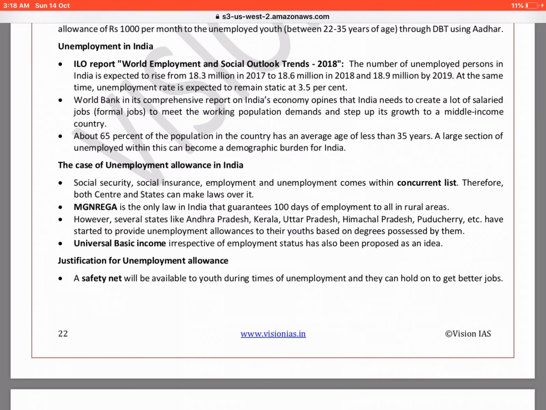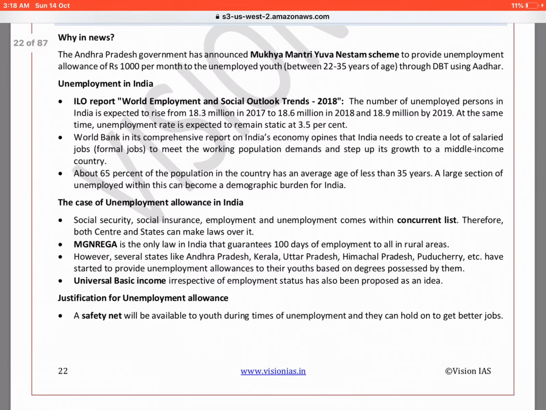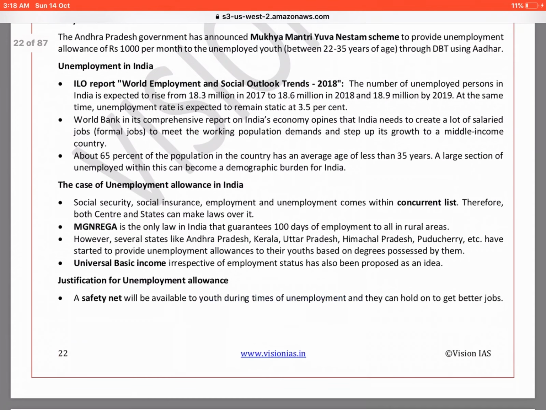But if they are left to fend for themselves, is 1000 rupees enough to spend on one person per month? So you can think about this: giving an allowance of 1000 rupees will not serve any purpose. It's just to put themselves in a good limelight, that they are doing this.